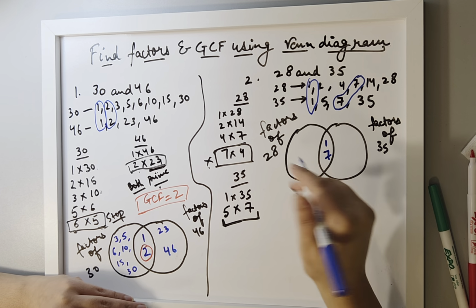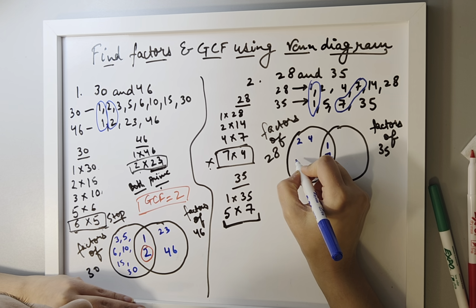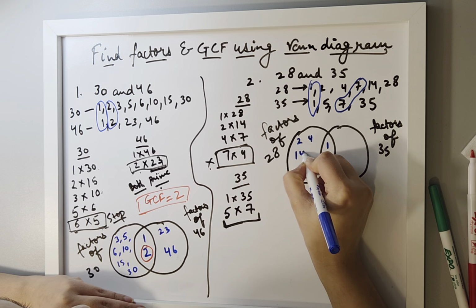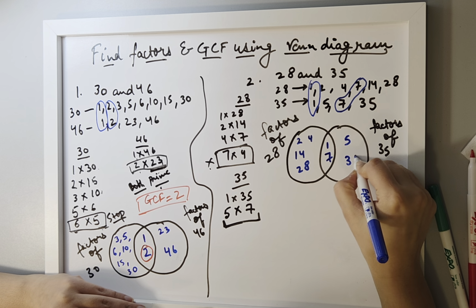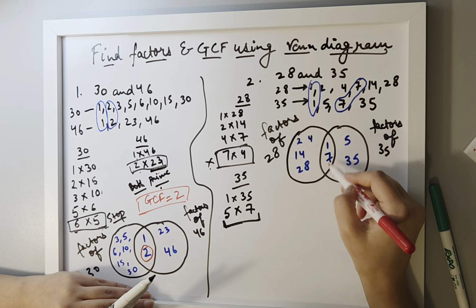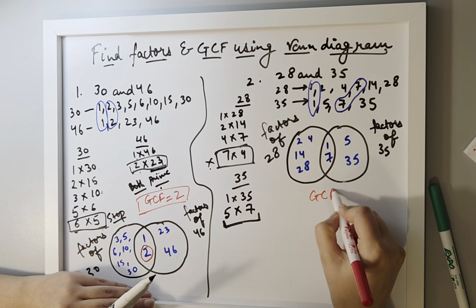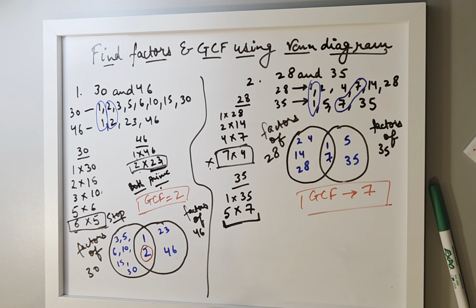Okay, and the rest of the factors of 28 are 2, 4, 14 and 28, and here it will be 5 and 35. So out of the common factors, the GCF will be the greater number, that is 7.